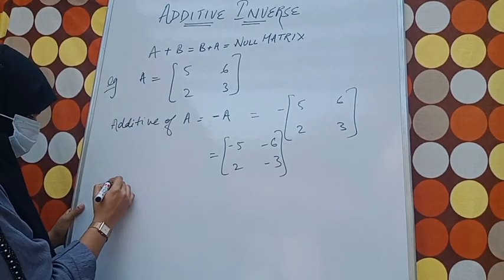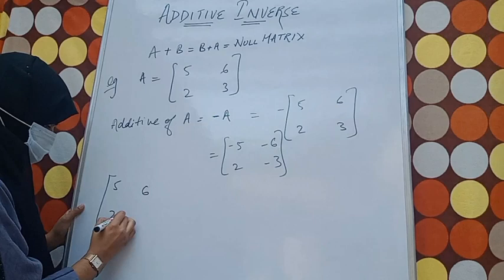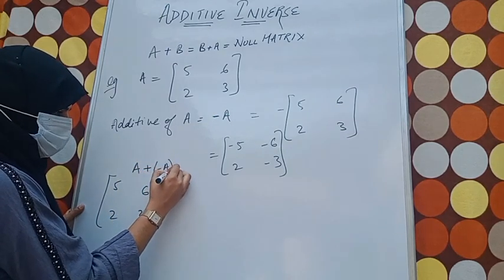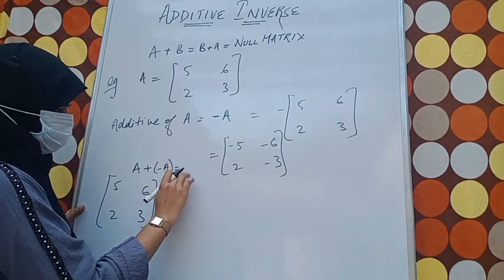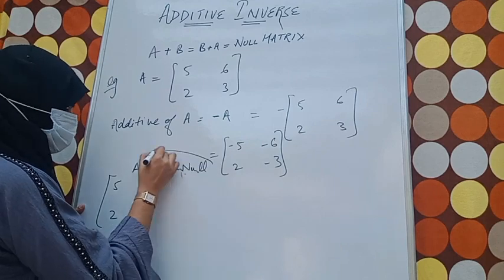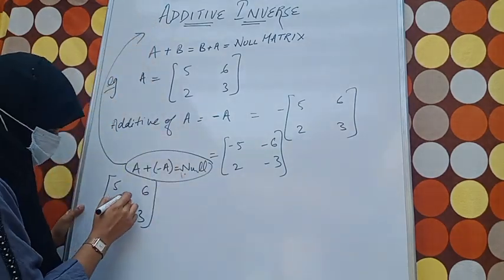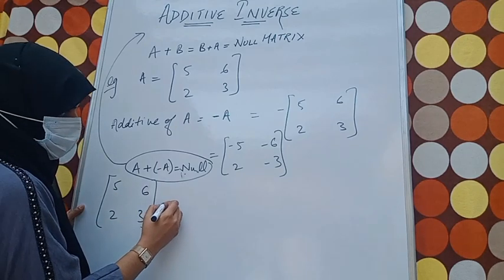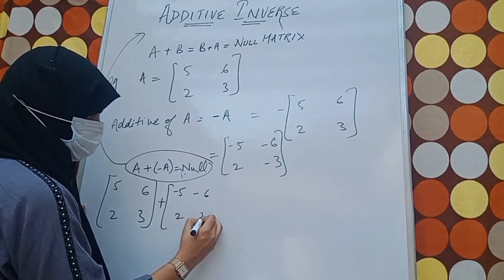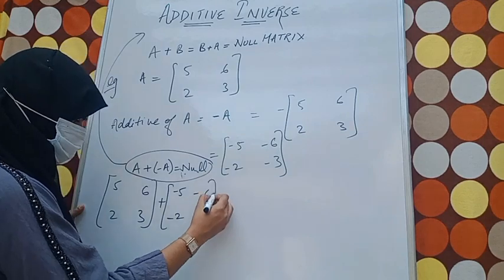And if I add these two, suppose 5, 6, 2, 3, A plus minus A equals the null matrix should come. Then only our condition for the additive inverse will be satisfied. So this is A plus minus A. My minus 2 will come here also.